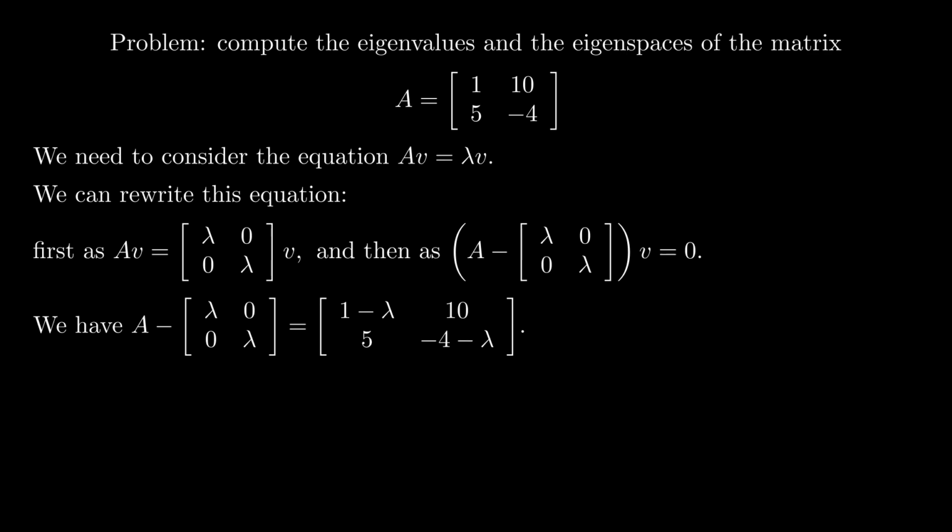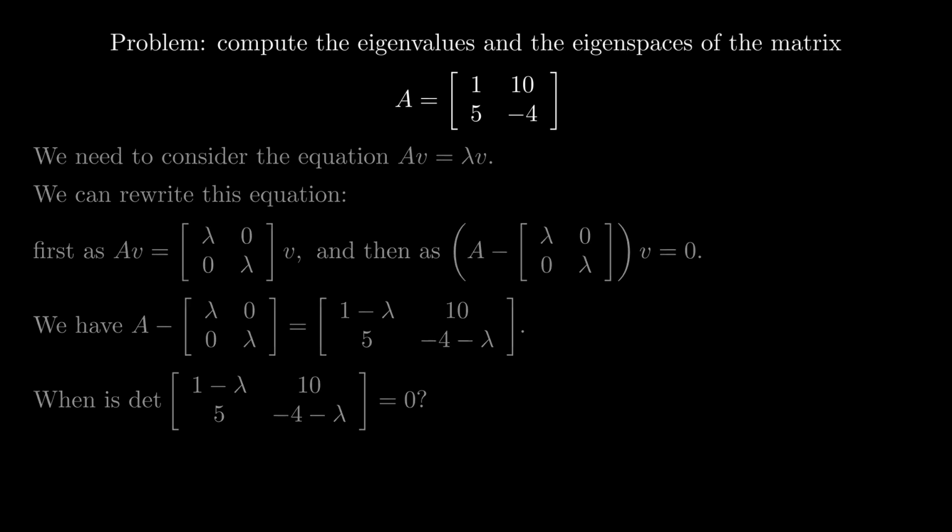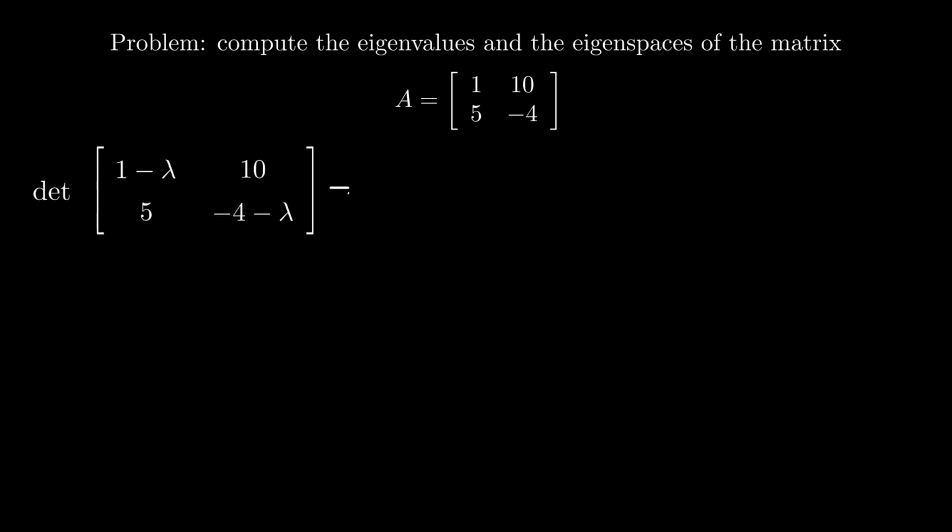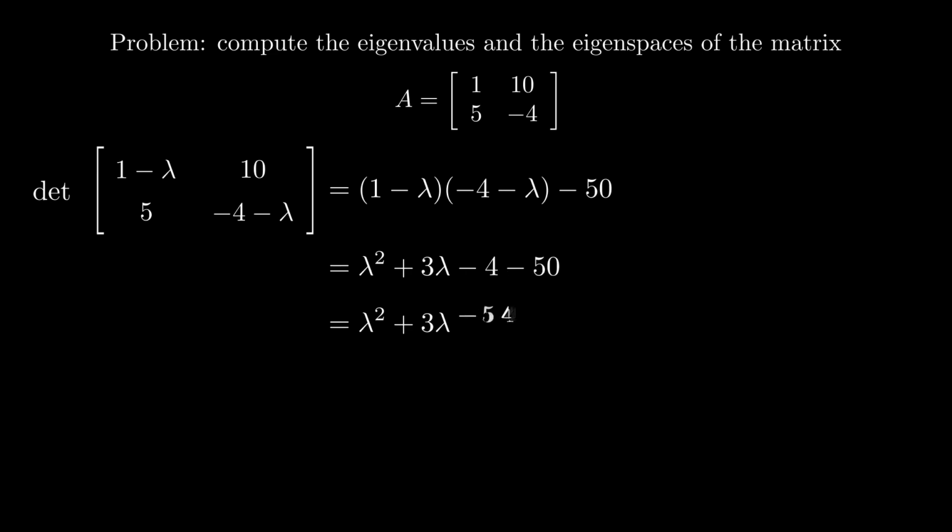Specifically, we want to find those values of lambda for which the determinant of this matrix is equal to 0. This is because an earlier linear algebra fact tells us that such a non-zero solution v exists if and only if the determinant of the involved matrix is 0. Let us compute this determinant. We have (1 minus lambda) times (-4 minus lambda) minus 50 equals lambda squared plus 3 lambda minus 4 minus 50 equals lambda squared plus 3 lambda minus 54.